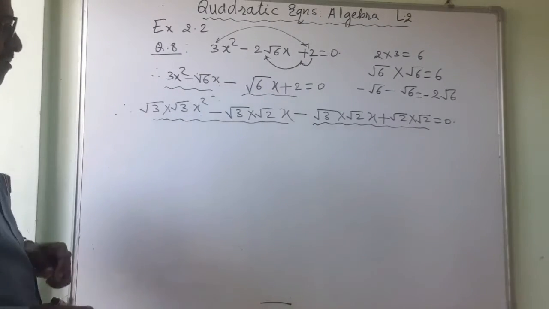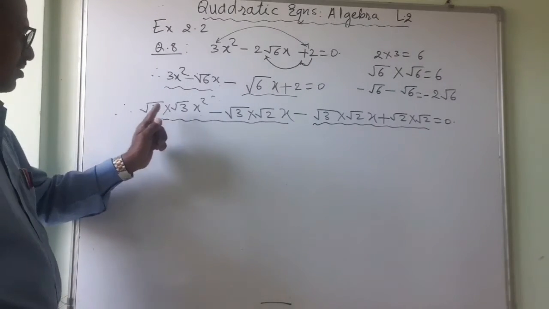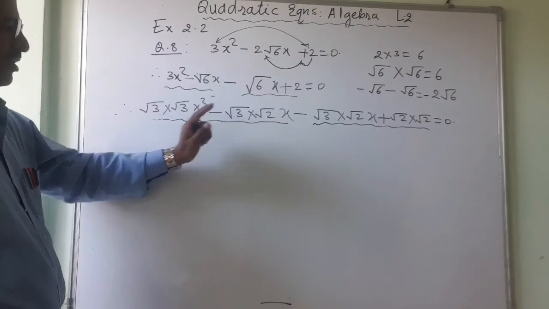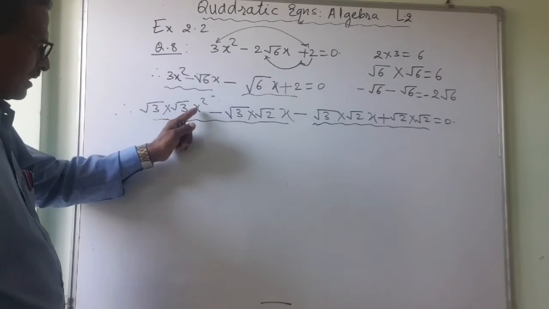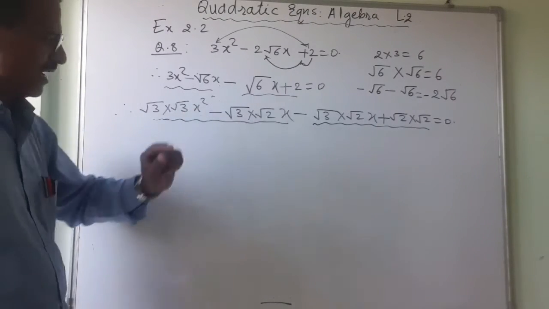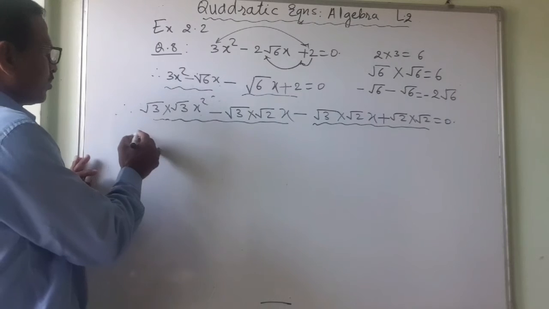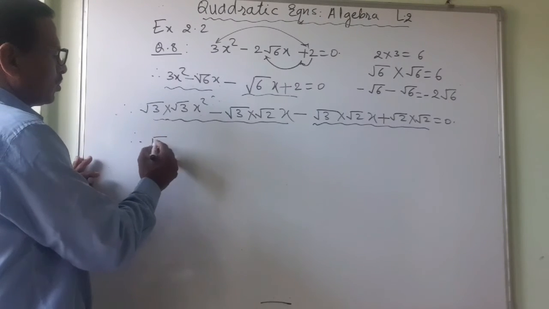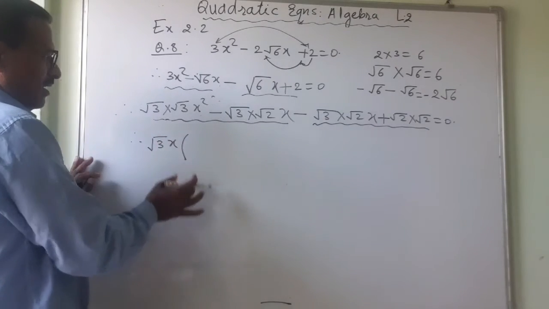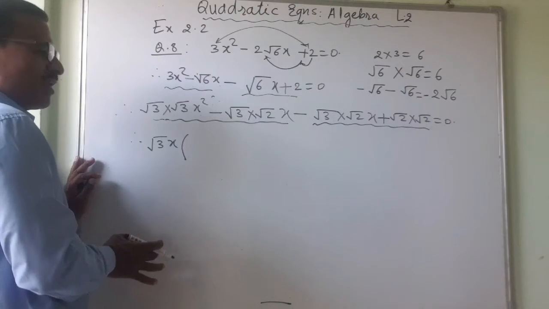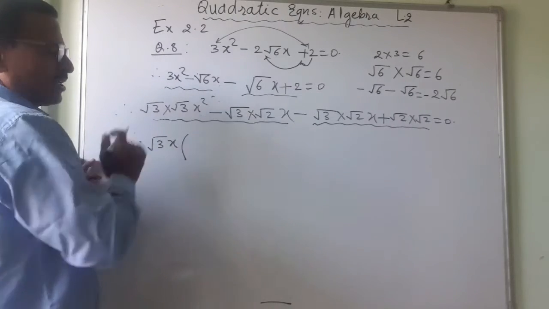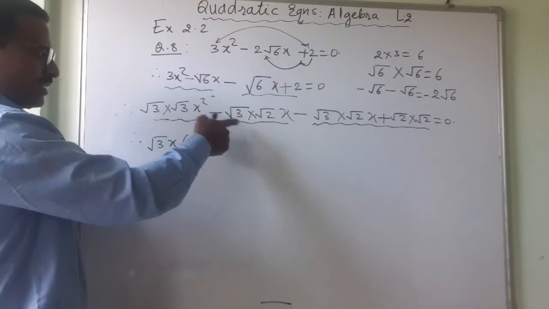Now what is common? Here in this root 3 is there, here also root 3 is there, and this is x into x, this is into x, so x is also common and root 3 also common. Therefore root 3 and x is common. Common is where we have to find in this also and in this also. So root 3 and x is common.